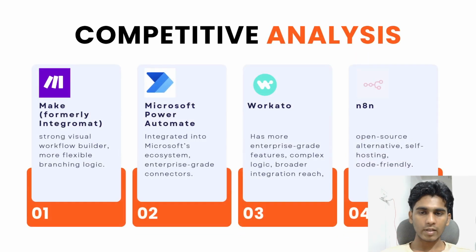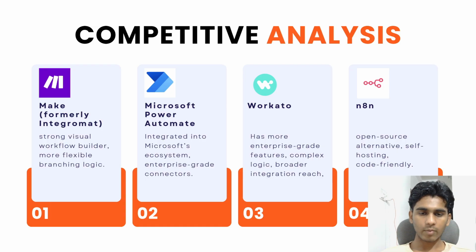So now let's look into the competitive analysis of Zapier. Firstly, we have the Make platform, formerly called Integromat. It also has a strong visual workflow builder with more flexible and branching logic. Then we have Microsoft Power Automate. It is integrated with the Microsoft ecosystem with enterprise-grade connectors.